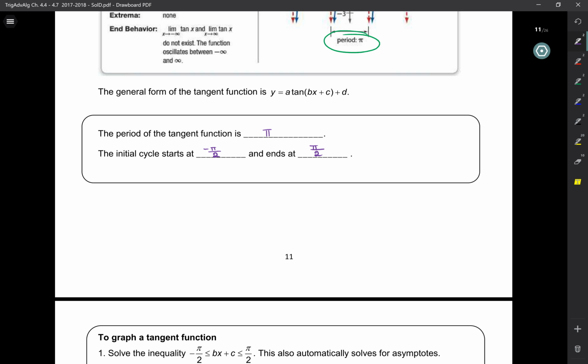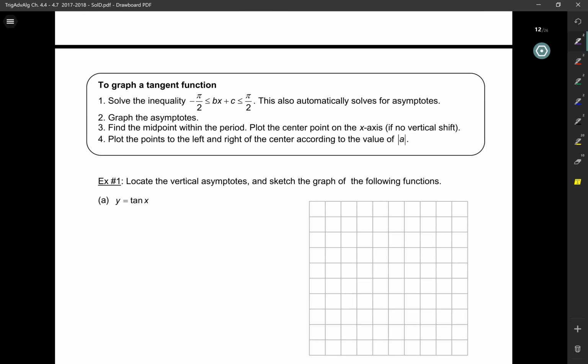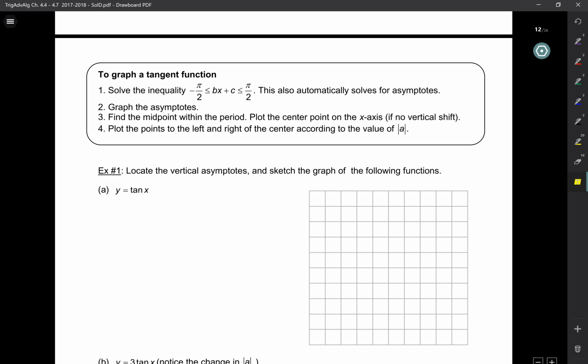So why do we care about this? Like I said, until now, I programmed you to set up your inequalities to go from 0 to 2 pi. For the tangent, remember that's the rebel, we're going to go from negative pi over 2 to pi over 2.